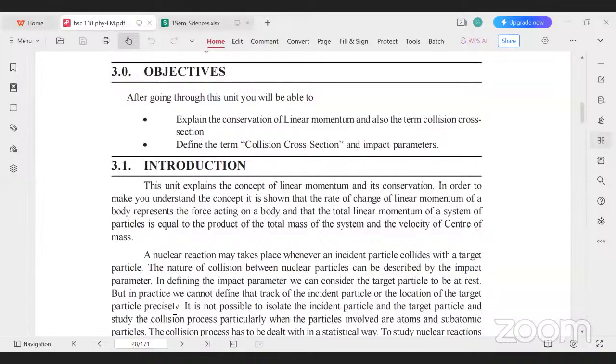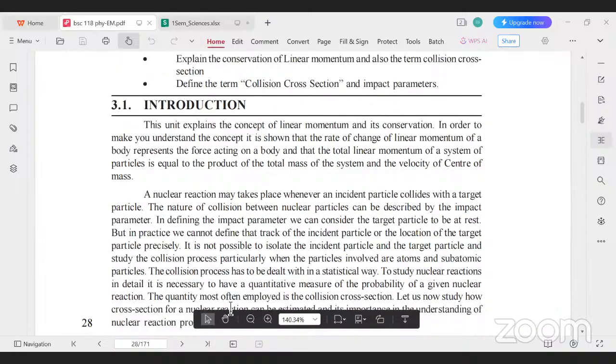We can consider the target particle to be at rest, but in practice we cannot define the track of the incident particles or the location of the target particle precisely. It is not possible to isolate the incident particle and the target particle when studying the collision process, particularly when the particles involved are atoms and subatomic particles.